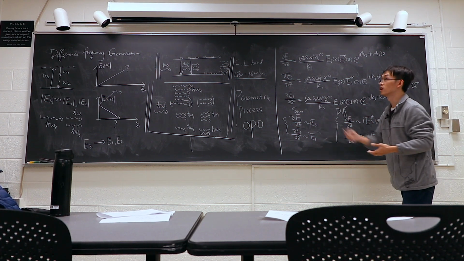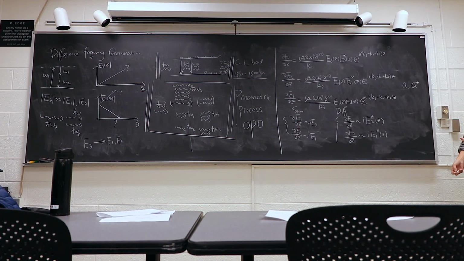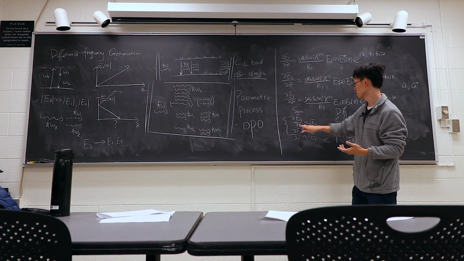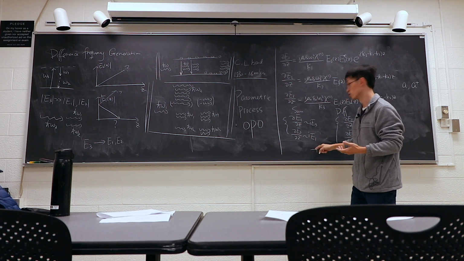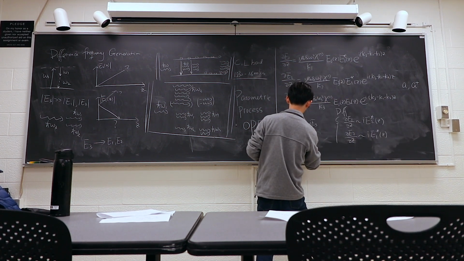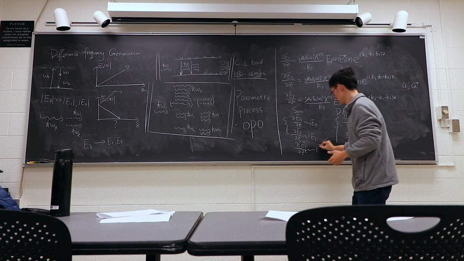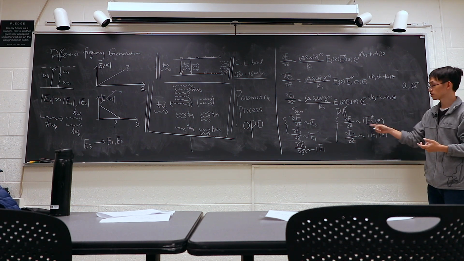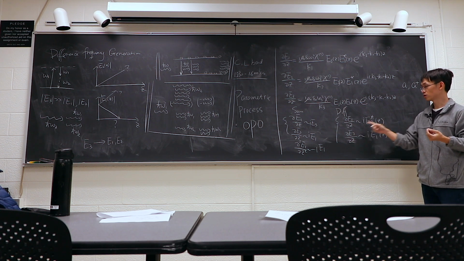Mathematically, there's a difference. When you do the calculation, again we take the derivative of this, and then we plug this in. We get I plus I, we get minus 1 E1. We get a minus sign here, so you get oscillation. Here you do the same thing, but notice now you cannot plug in E2 directly.